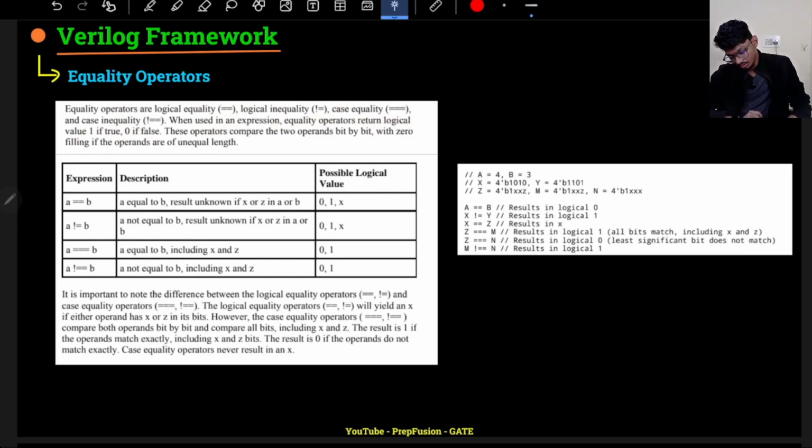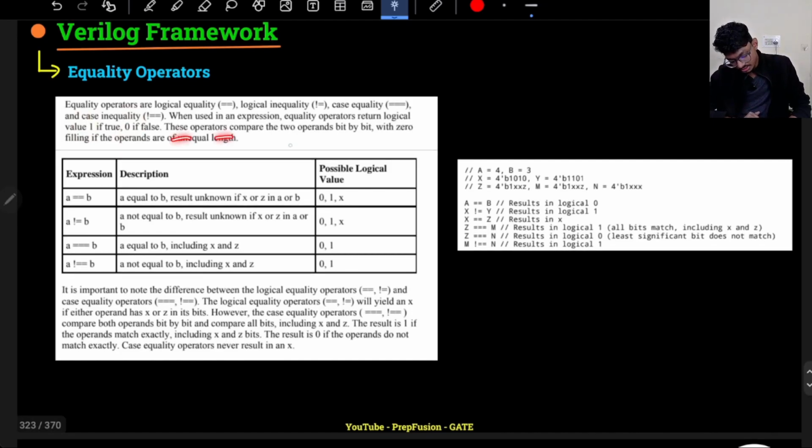So when used in expression, it returns logical value 1, that is true, or logical value 0, that is false. Okay. So these operators compare the two operands bit by bit with 0 filling if operands are of unequal length. Okay. So what does it mean?